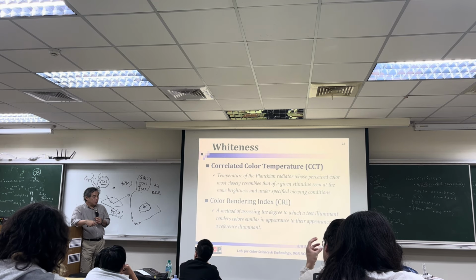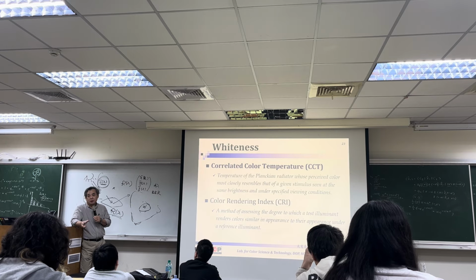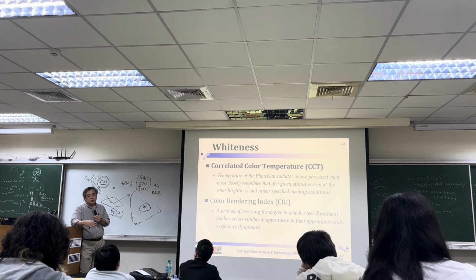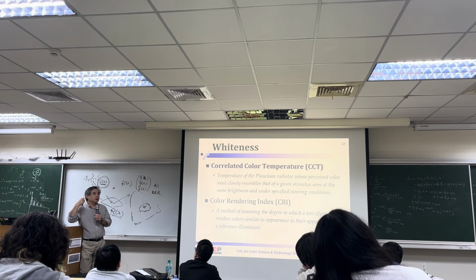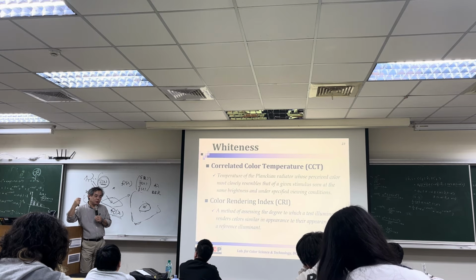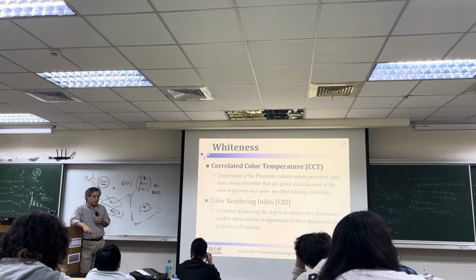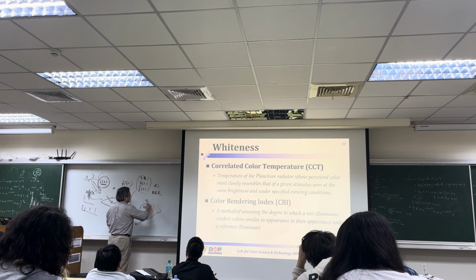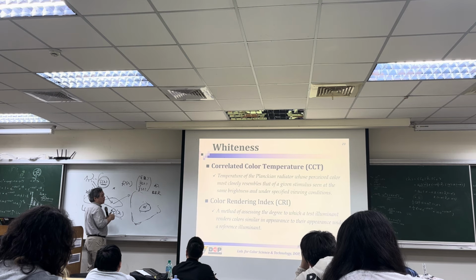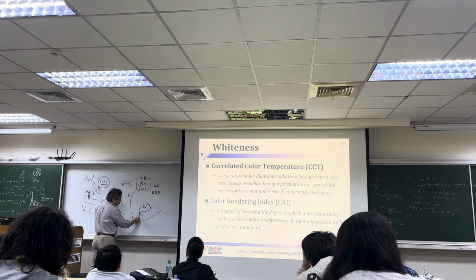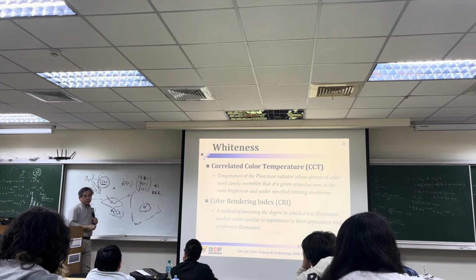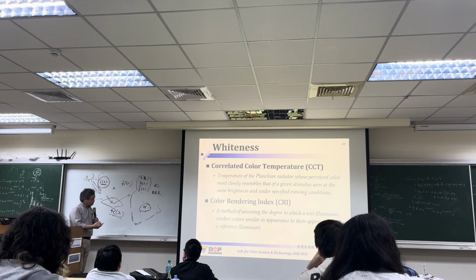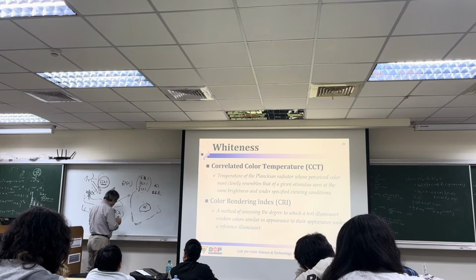Okay? So no matter which kind of material it is, if the temperature is the same, the light emission spectrum will be the same. Okay? So we use this kind of natural light source to help us define which white and how to describe it.